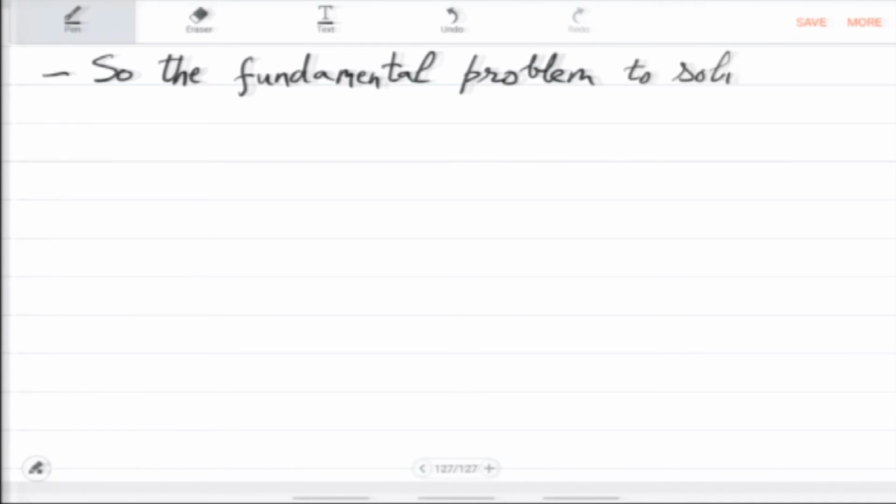So, the fundamental problem is, you are given m vectors, let us say the ambient space is n.